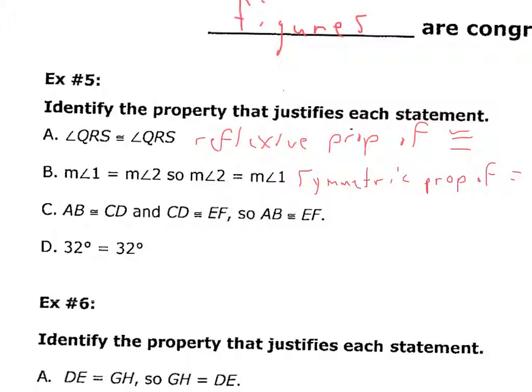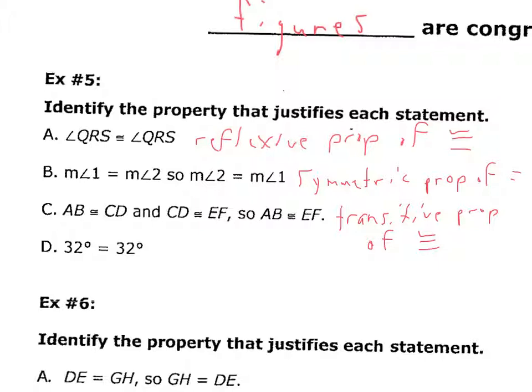Two more. C says AB is congruent to CD and CD is congruent to EF, so AB is congruent to EF. And this is kind of like our law of syllogism that we learned last time, okay, but in this situation, it's called the transitive property of congruence.